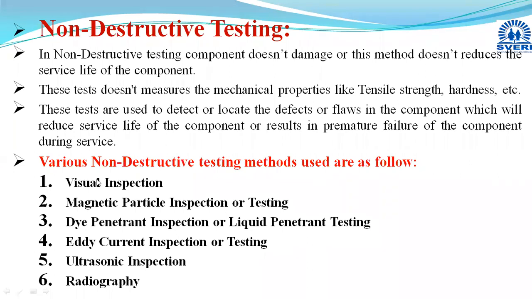And here six different methods are used: visual inspection, magnetic particle inspection, penetrant inspection, eddy current inspection, ultrasonic inspection, and radiography.